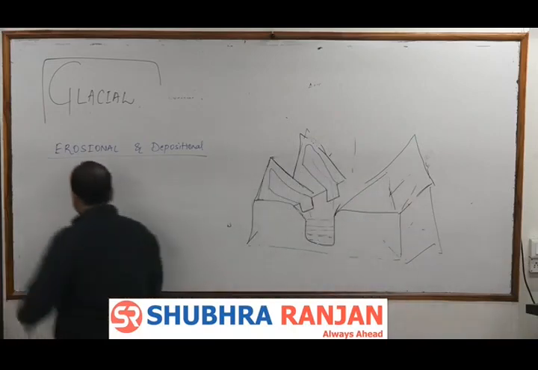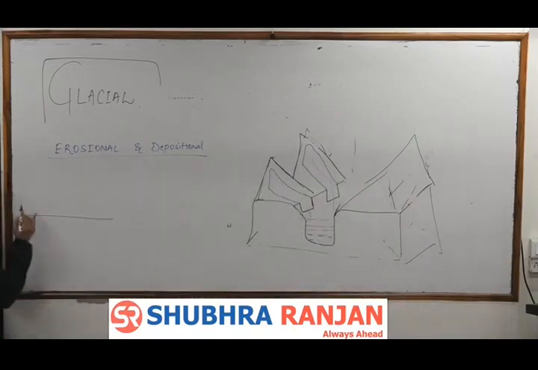Now understand, what is the first landform? There is a mass of very hard rock which is already present. A glacier is coming with less speed. Now the glacier has entered the flat region. Understand? So its erosional speed is not greater, and as a result of this it stops.